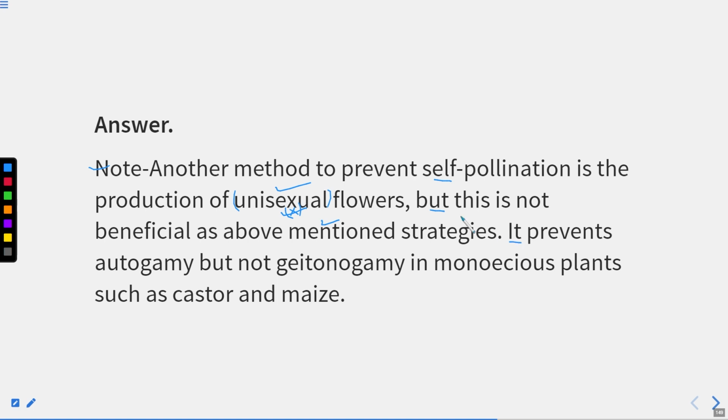It prevents autogamy but not geitonogamy in monoecious plants such as castor and maize. So this method of producing unisexual flowers can prevent self-pollination, but it cannot prevent geitonogamy. What is geitonogamy? It is the transfer of the pollen to the stigma of another flower.